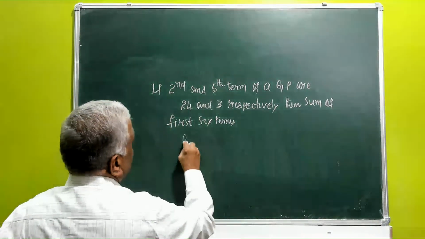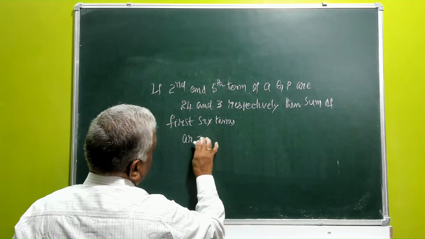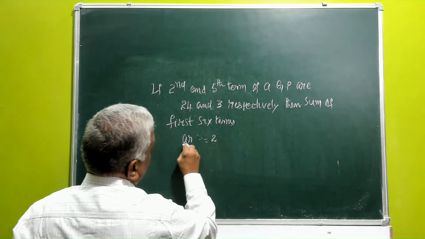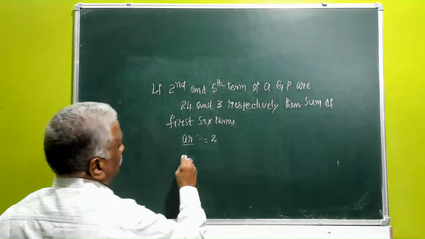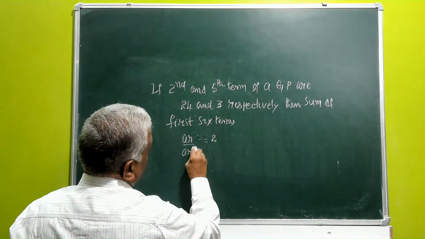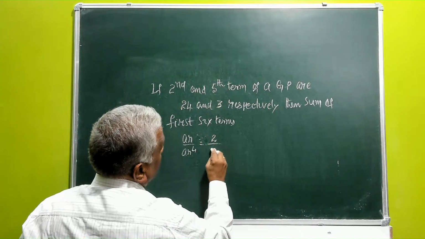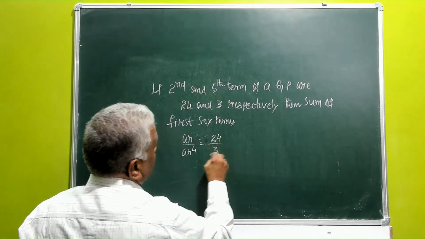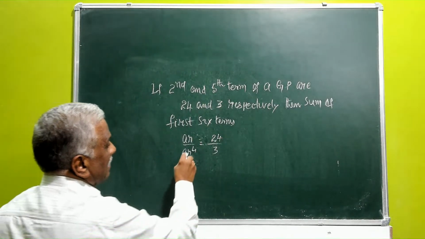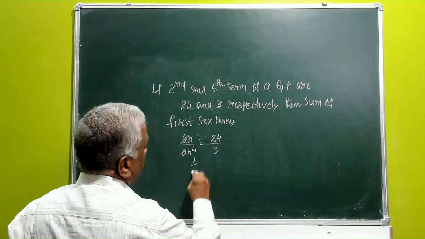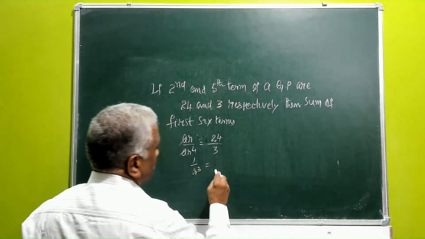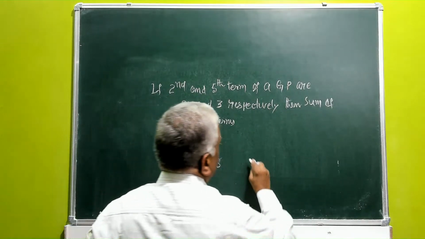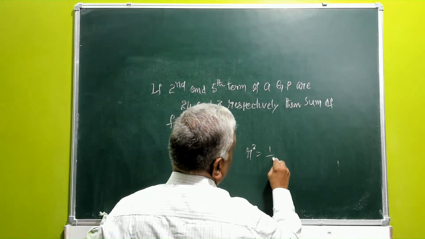What is the second term? AR. What is the fifth term? AR to the power of 4. The second term is 24 and this is 3. You can cancel this. You get 1 by R cube is equal to 8. So R cube is equal to 1 by 8.